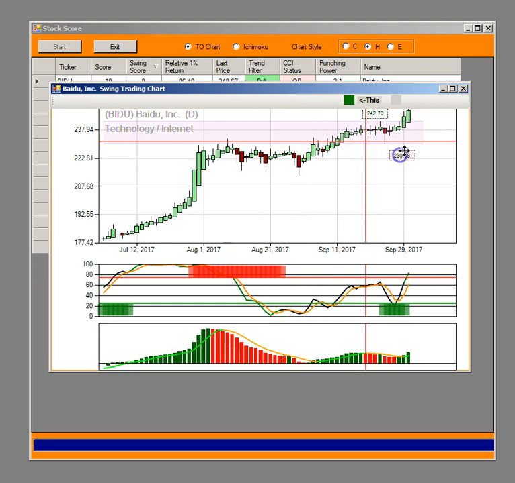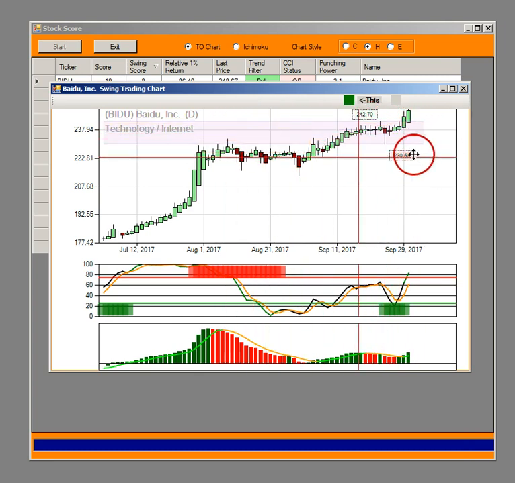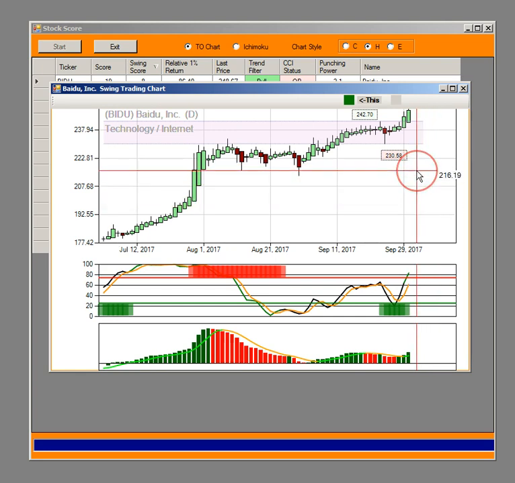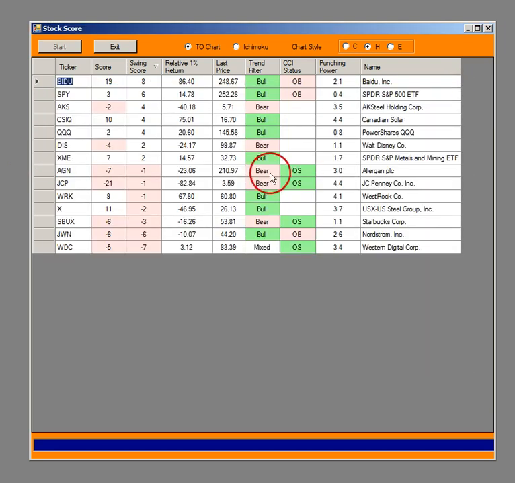And what these two numbers are, these are the most recent fractal low and high, and the plum colored box just shows the fractal range, and that just makes it easier to see if you have a breakout of the fractal range or if you're just mucking around inside of it. But BIDU is still on a buy signal.